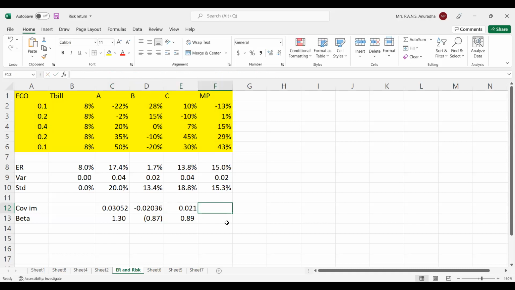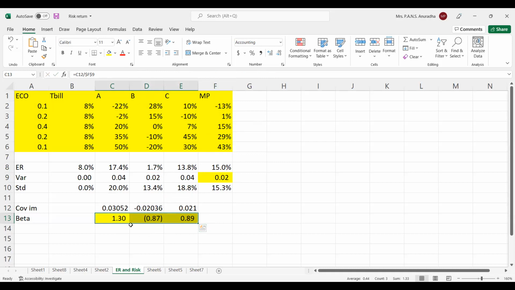Then you can calculate beta for A, B, and C: covariance divided by the variance of the market. So here the variance of the market is this one, right? This is the market portfolio. So then beta will be these numbers. Later you can calculate them, right? I'm not going to use the time because time is very limited.